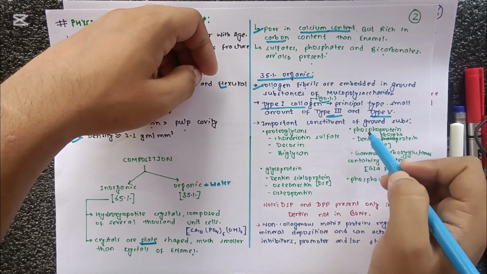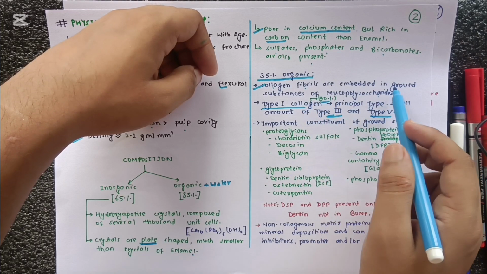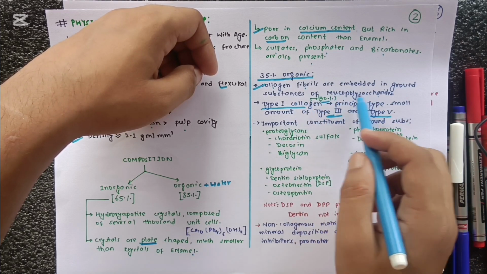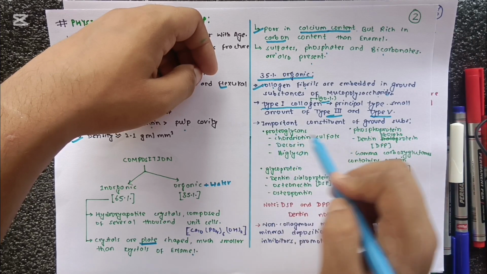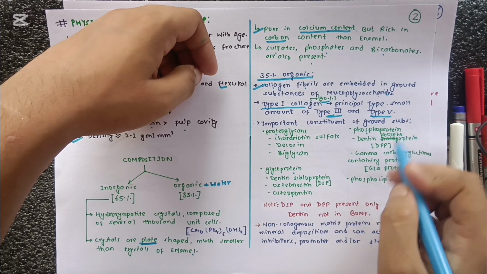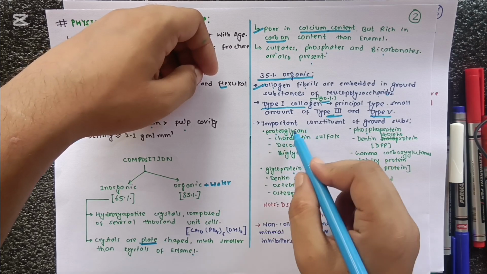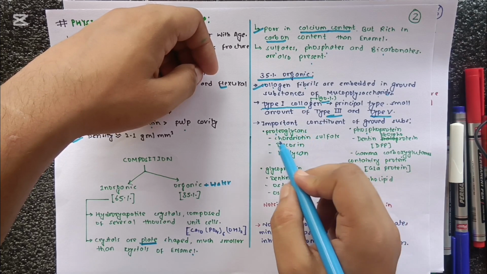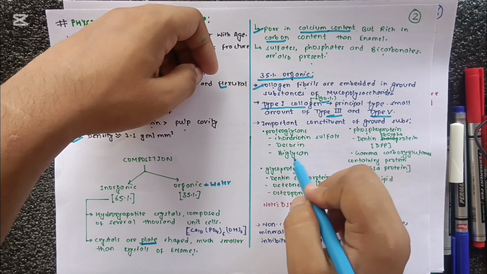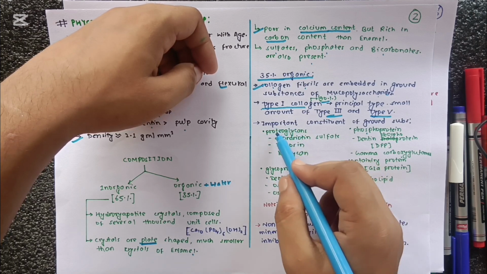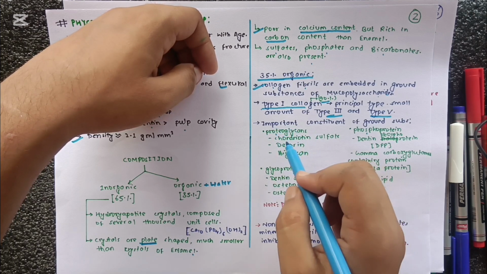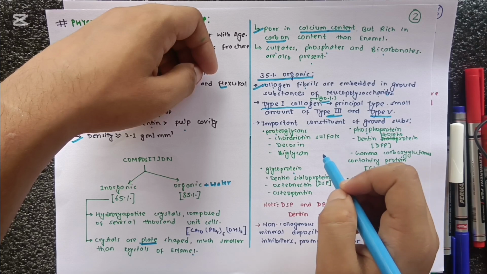The important constituents of the ground substance, which as I told you contains mucopolysaccharide, are proteoglycans, phosphoprotein, glycoprotein, and phospholipids. In the proteoglycan section, chondroitin sulfate, decorin, and biglycan are present, and they are present in the ground substance of the dentin.